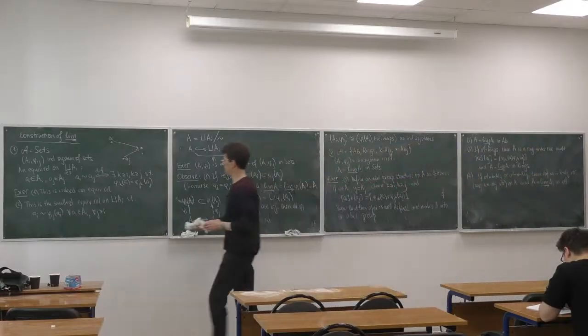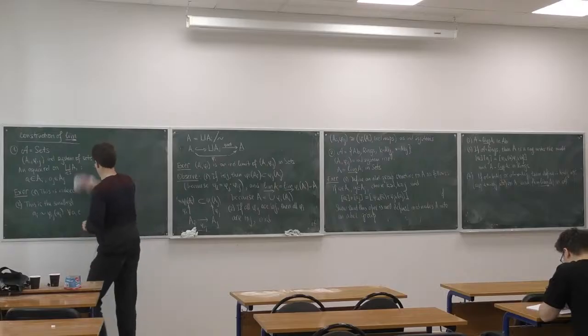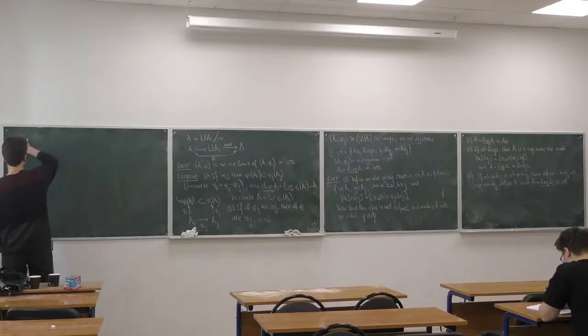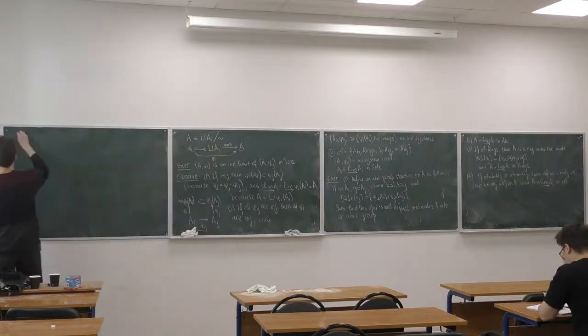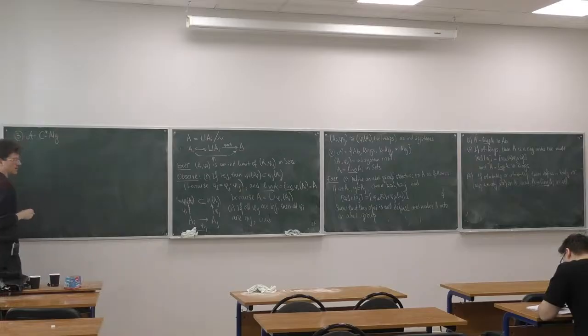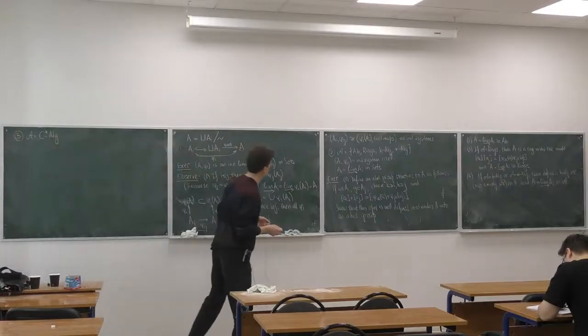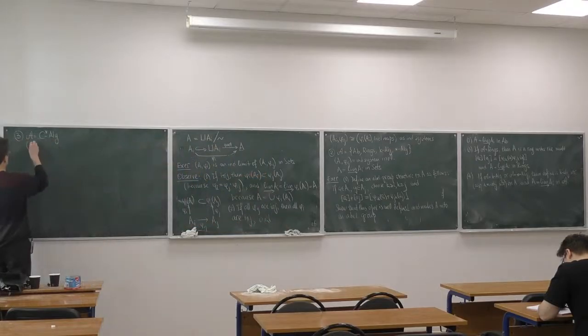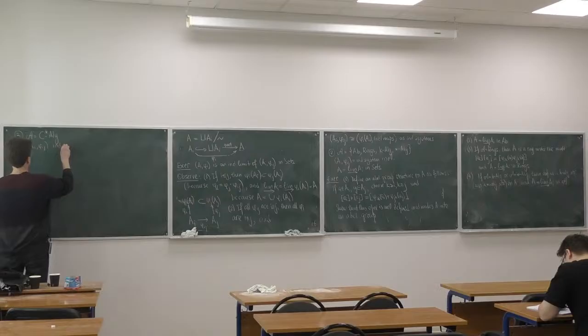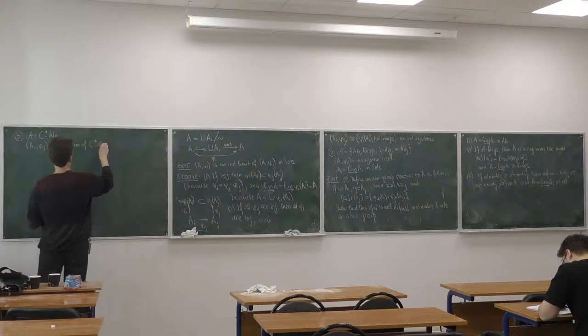What happens if we work in the category of C-star algebras? This is the category we are mostly interested in. So now let A be the category of C-star algebras. In this case, this construction has to be slightly modified as follows. We take an inductive system AI, phi ij, an inductive system of C-star algebras.